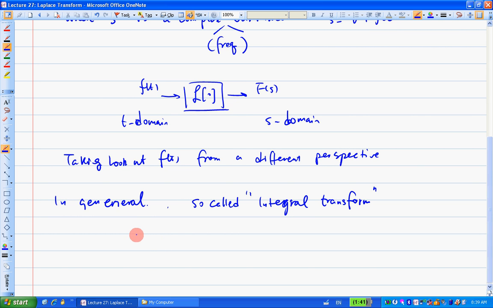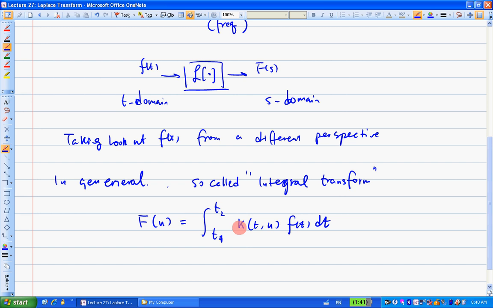The general format of the integral transform is this: f of u equals the integral from t1 to t2 of k of t, u, times f of t, dt. So there is this general integral transform format here.